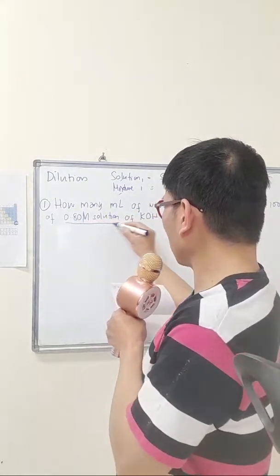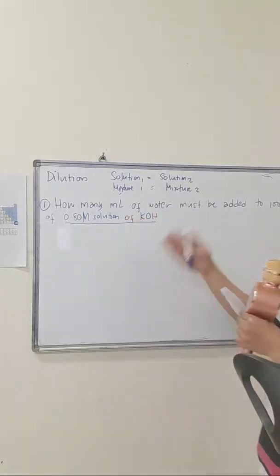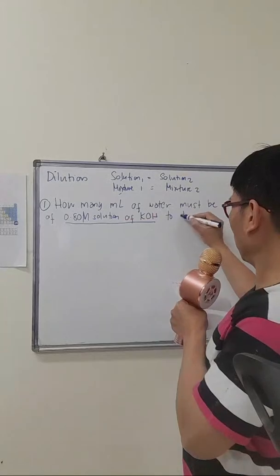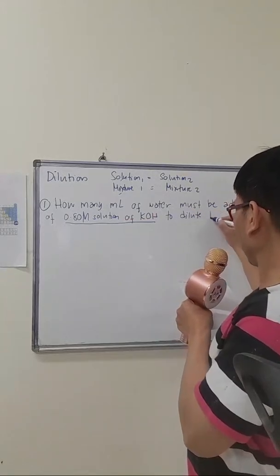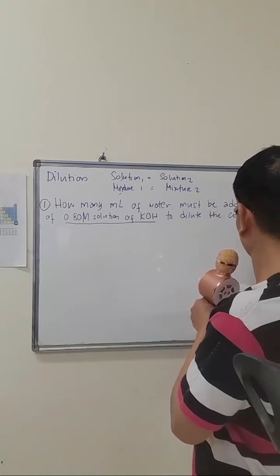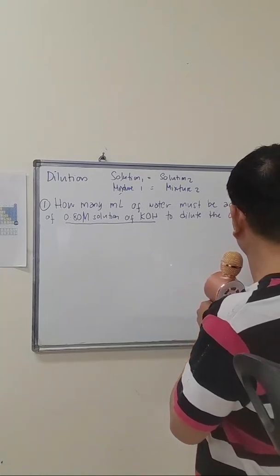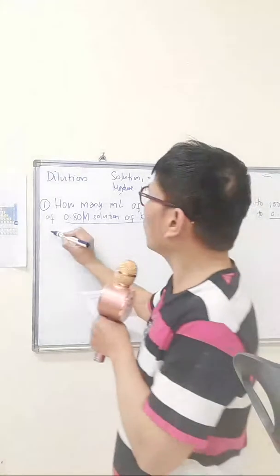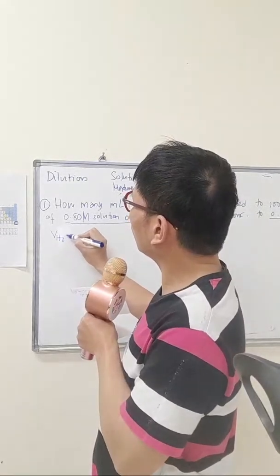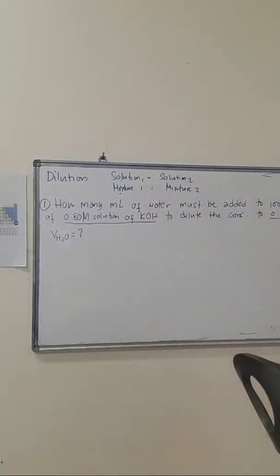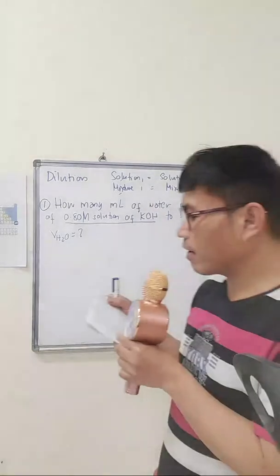Solution of potassium hydroxide, meaning the water is already added there. To dilute the concentration to 0.20 molar, or moles per liter. So we are asked for the volume of the water. So volume of H2O that should be added to 100 ml of the solution. So that's the required.